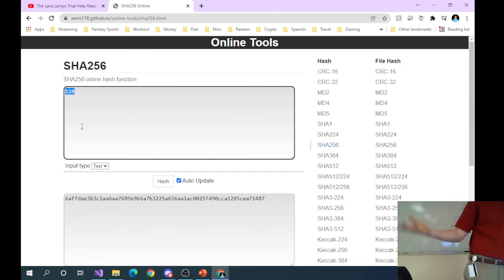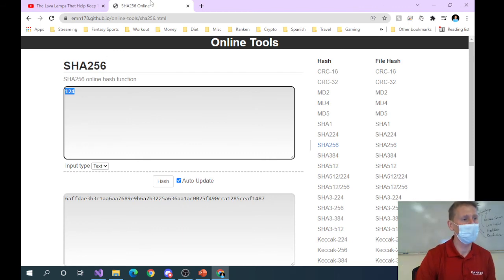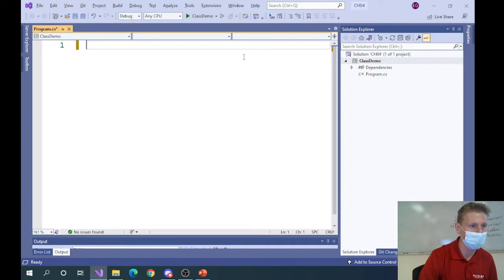In fact, you'll even see it in your programs. You're supposed to be generating random numbers, but you'll see predictability with this class. There are less predictable ways to generate random numbers than the Random class. However, this is how we're going to do it in this class.